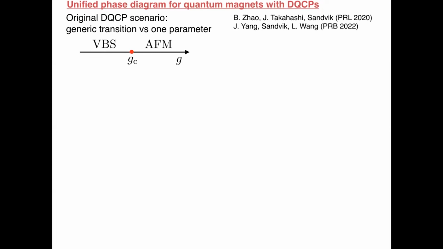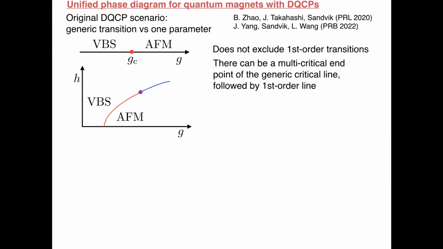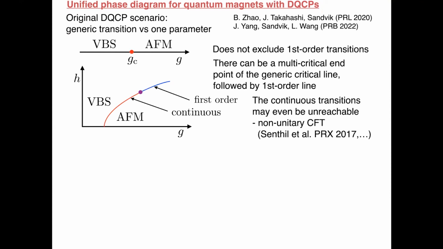So the generic DQCP scenario was that, okay, if we just take some generic model with one parameter, we tune to a transition point, that should already be generically the DQCP. But as I already mentioned, it doesn't exclude that there are also first order transitions somewhere else in some extended phase diagram.